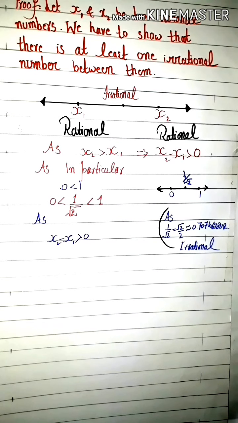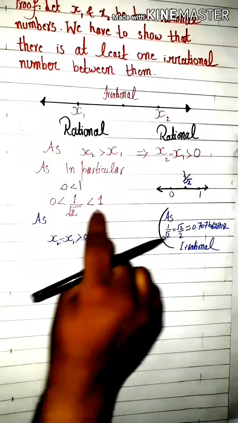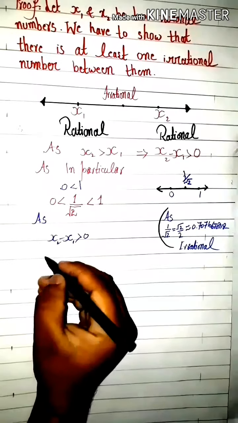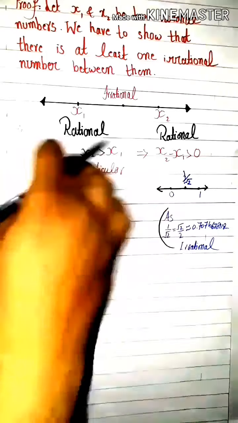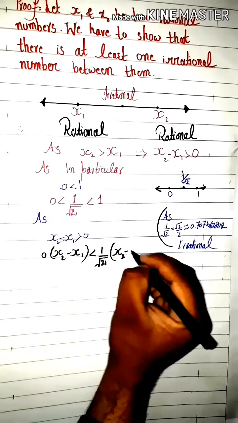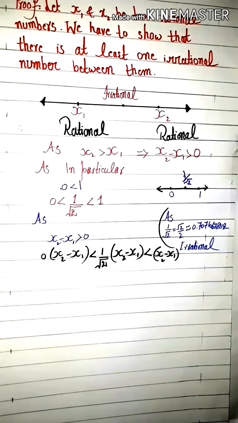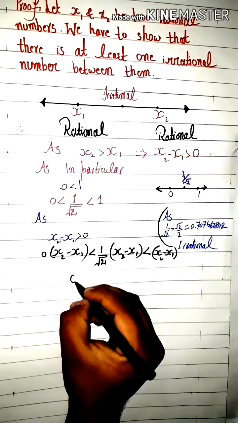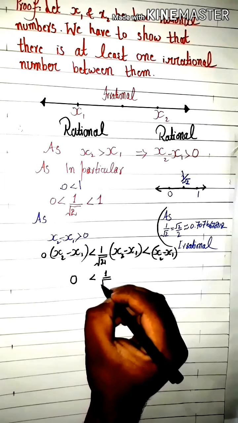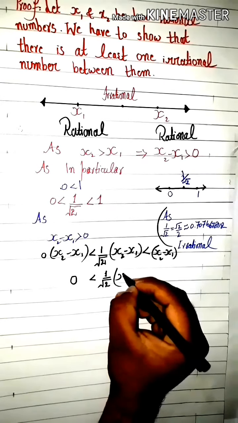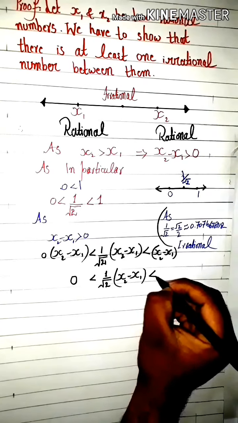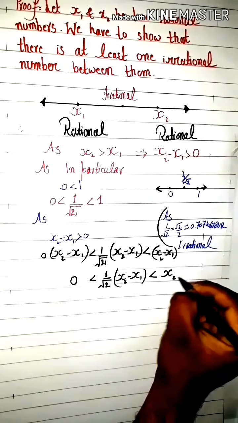For this, we will multiply this inequality by x2 minus x1. Its answer will be 0 less than 1/√2 less than x2 minus x1.